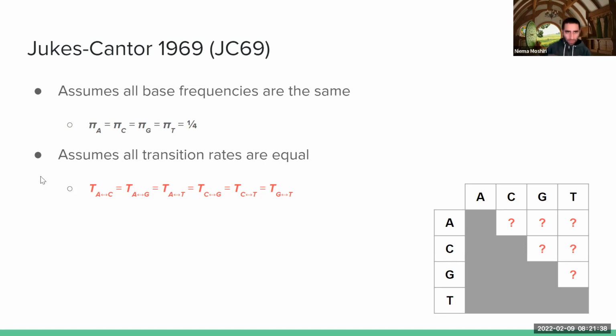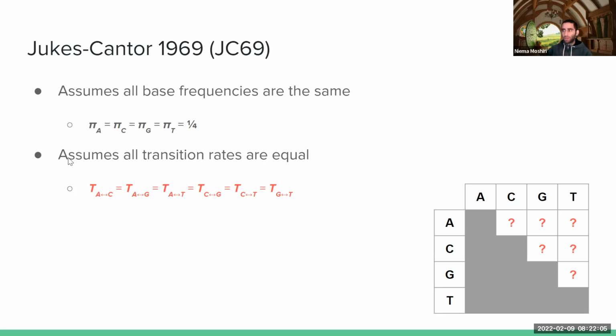So the very simplest model of nucleotide evolution is called the Jukes-Cantor 69 model, which was created by Jukes and Cantor back in 1969. And this model is the absolute simplest model of evolution. It assumes all of the nucleotide frequencies are the same. So the probability of having an A versus C versus G versus T, they're all equal, they're 1/4.